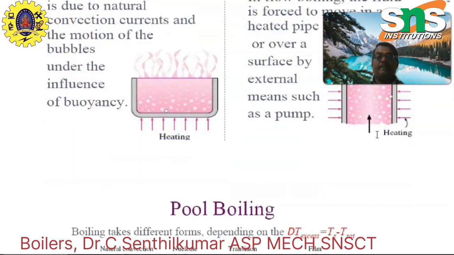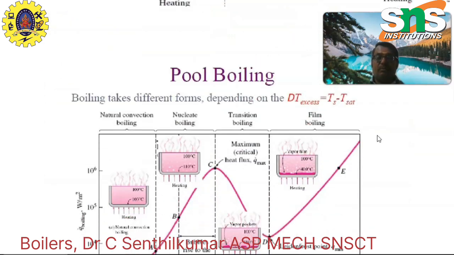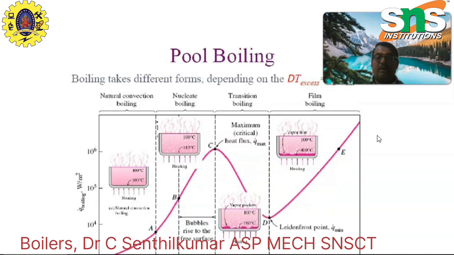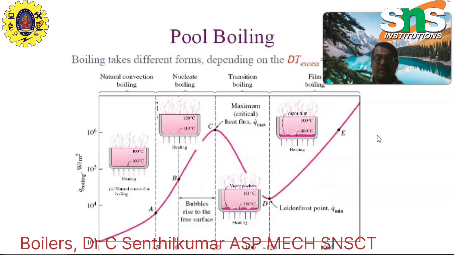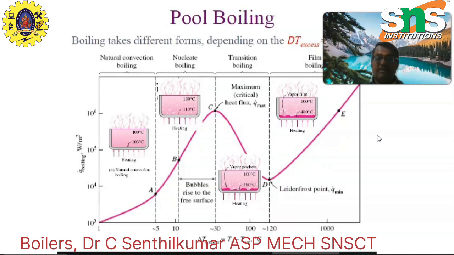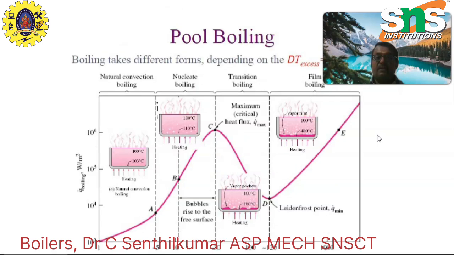Coming to pool boiling, the boiling regime examination was done by previous expert members and is given as delta T versus Q boiling. We can see there are 4 processes involved: first natural convection boiling, second nucleate boiling, third transition boiling, fourth film boiling.